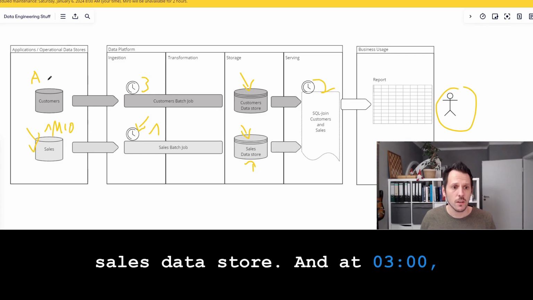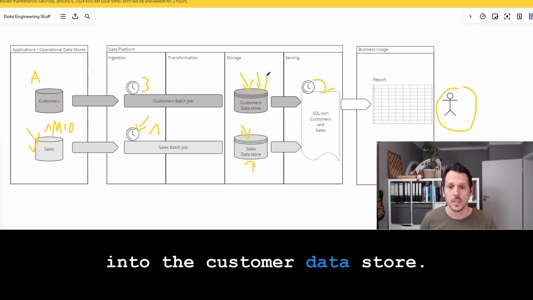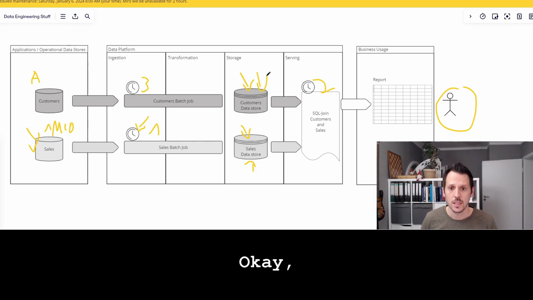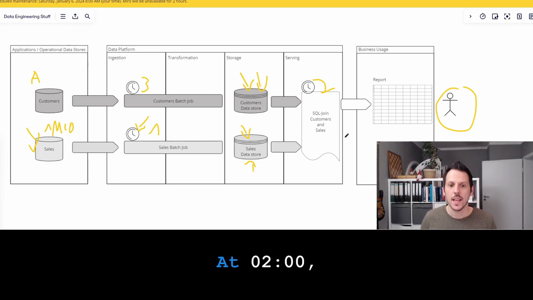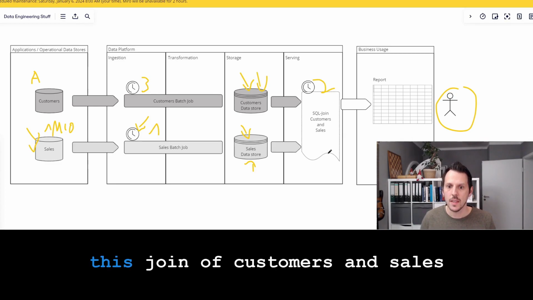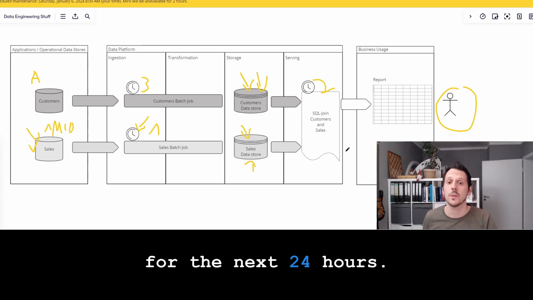And at 3 o'clock, the new customer A is also fed into the customer data store. But what happened at 2 o'clock? At 2 o'clock, this join of customer and sales data happens and is fixed for the next 24 hours.